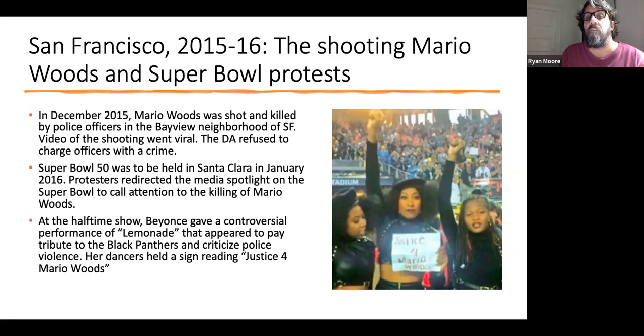So this is also an important dimension of social movements, that they not only have to try to change policy and institutions, but they also have to embed themselves in the culture and really change people's consciousness and establish a presence in things like sports and music. So we saw that here in San Francisco in December of 2015.